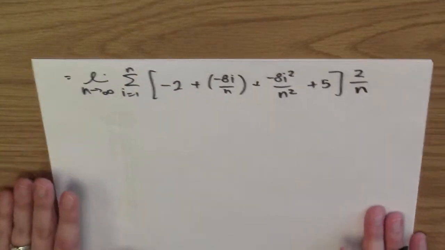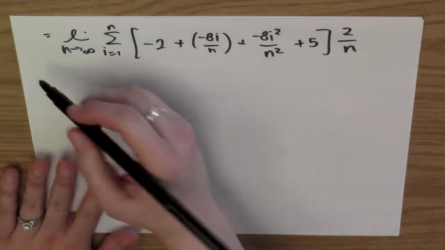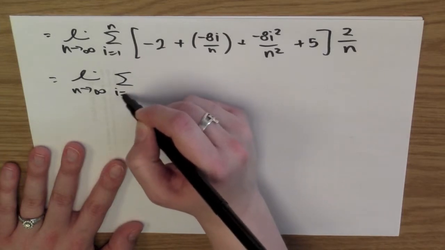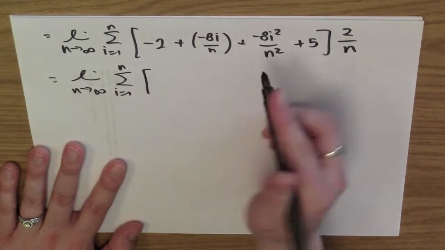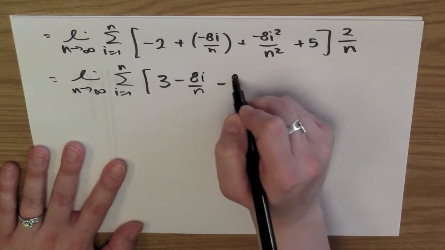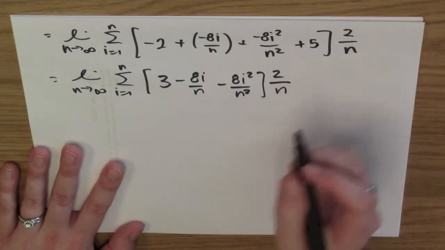All right, so now I probably want to combine negative 2 and plus 5, so I get the limit as n approaches infinity, the sum from i equals 1 to n. So negative 2 plus 5 is 3, and then I have minus 8i over n minus 8i squared over n squared, and this is all being multiplied by 2 over n.